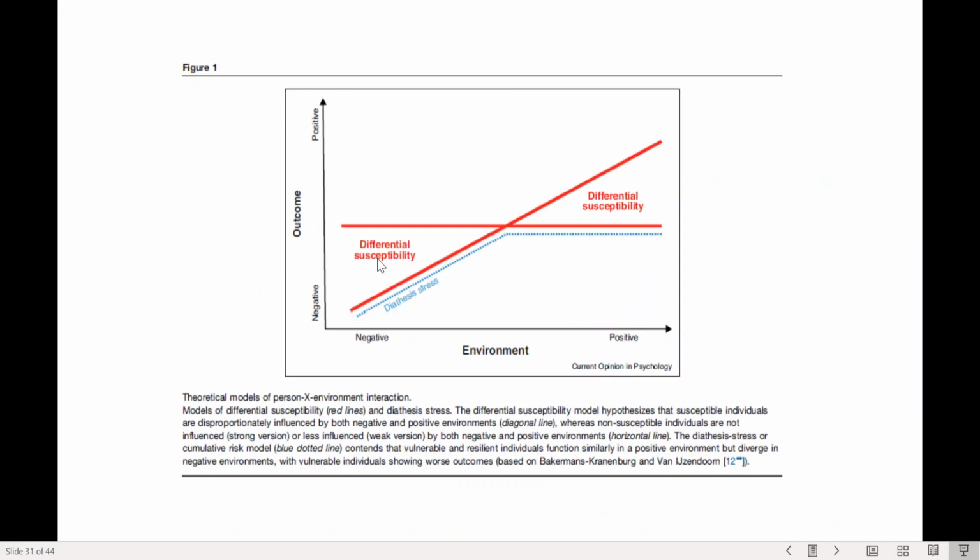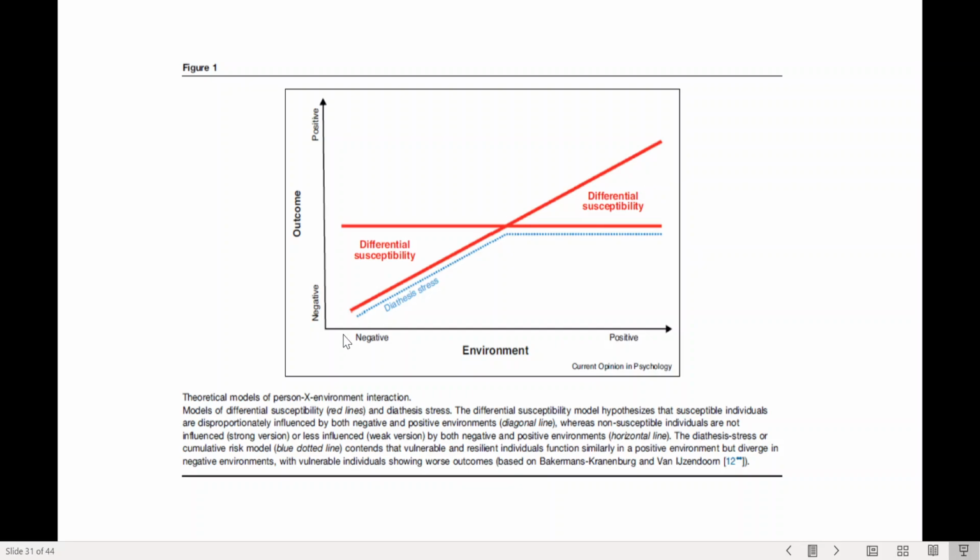More broadly, this has been discussed as person-environment interaction. So the classic, I already mentioned that briefly, diathesis-stress model: those individuals that are vulnerable are thought to show relatively negative outcomes if placed in a harsh negative environment, and as the environment becomes more positive, these individuals do better, but they won't grow or reach particularly positive outcomes.